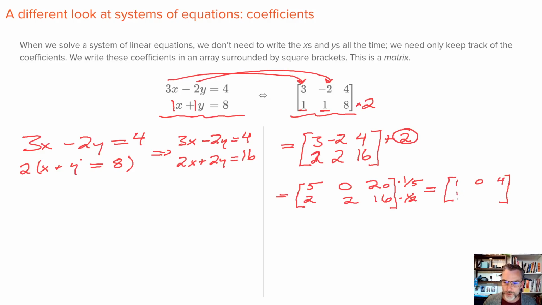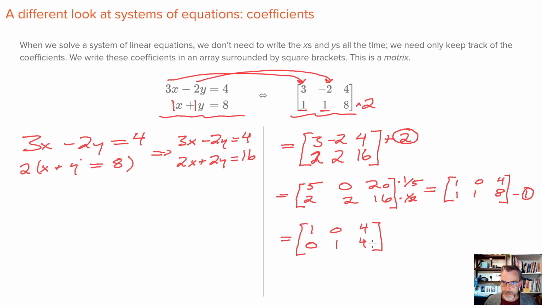The second one I've got 1, 1, 8. Now I'm going to subtract the first row from the second. What do I get here? Now I have 1, 0, 4. The second one, well, I've got 1 minus 1, so that gives me 0. Then I have 1 minus 0, leaves me with 1. And 8 minus 4, 4.